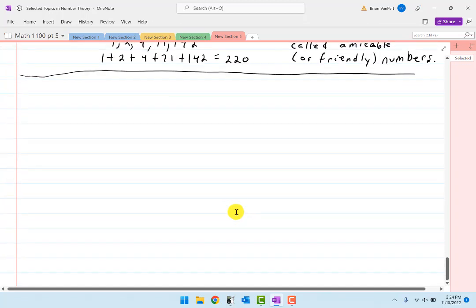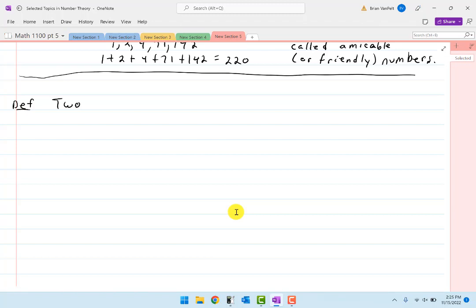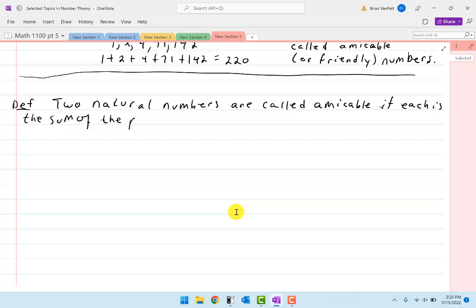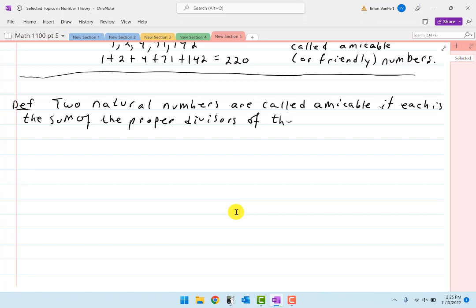So as a definition, two natural numbers are called amicable if each is the sum of the proper divisors of the other.